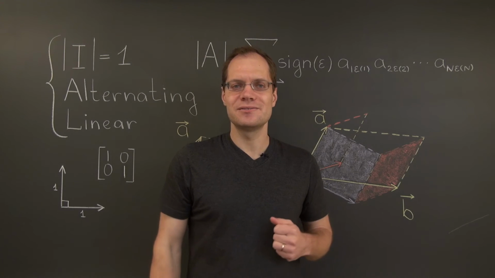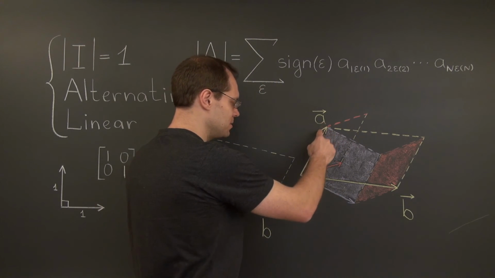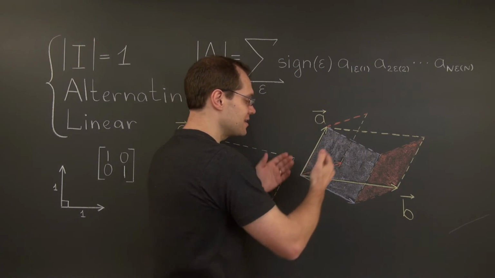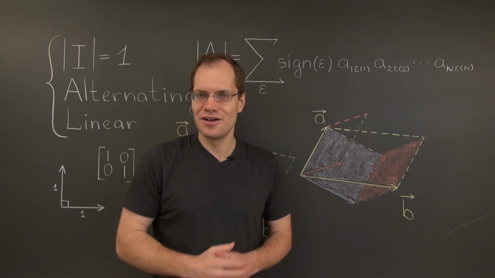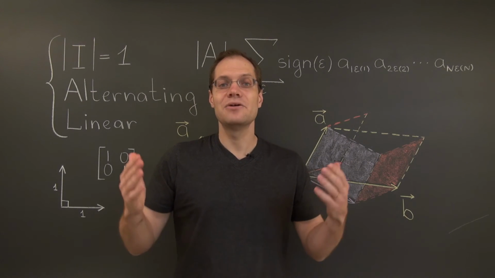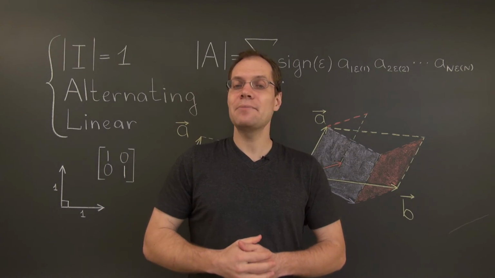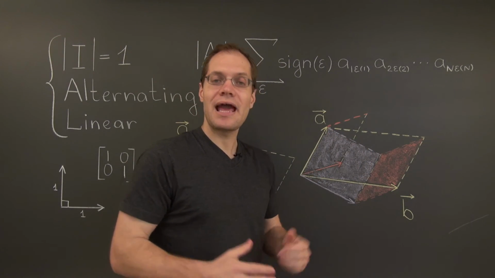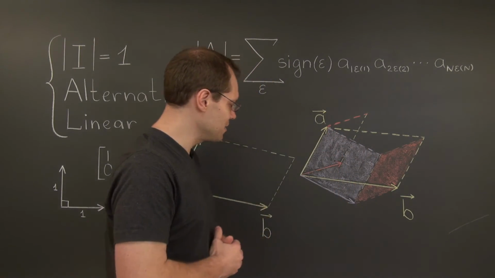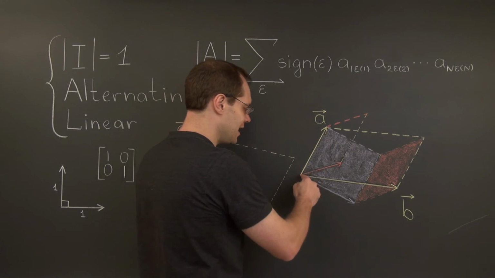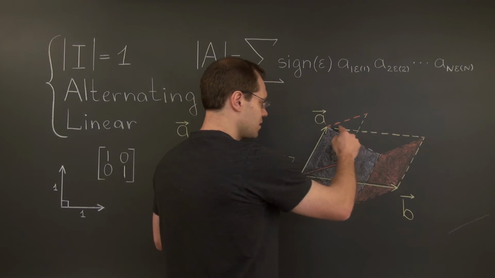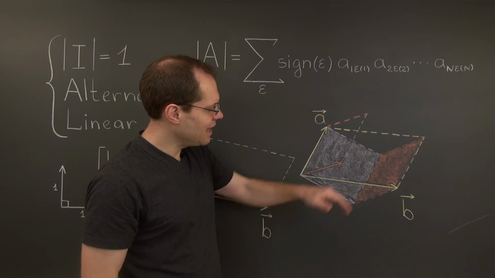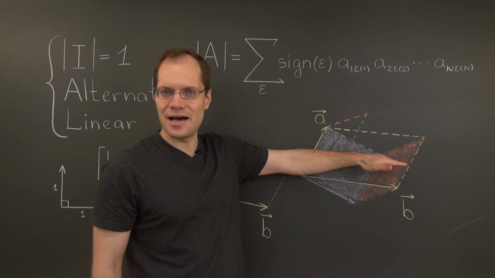So what I did was, I moved the first parallelogram, the one built upon A and the red vector, down and to the right, so that now the two parallelograms of interest are side by side. And the moment I did that, I think it became abundantly clear that the blue and the red add up precisely to the parallelogram with the yellow border built upon A and B, because they exceed by this triangle on the bottom, and that's exactly what they lack on top.